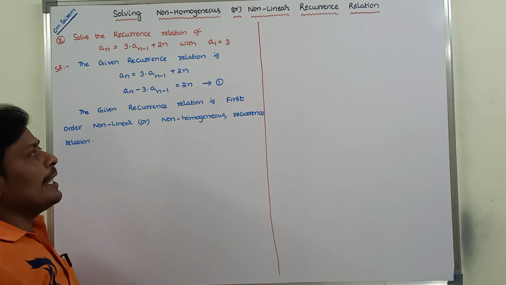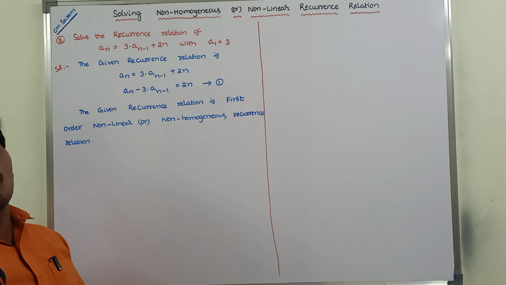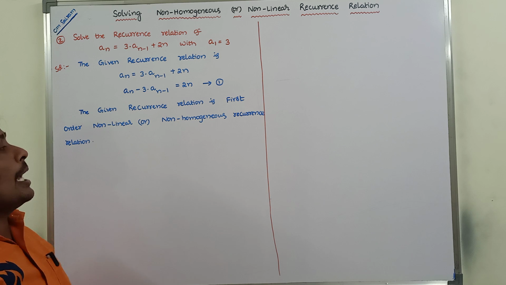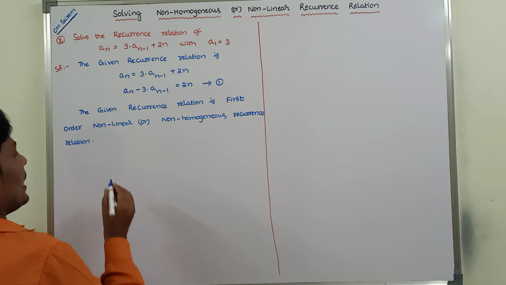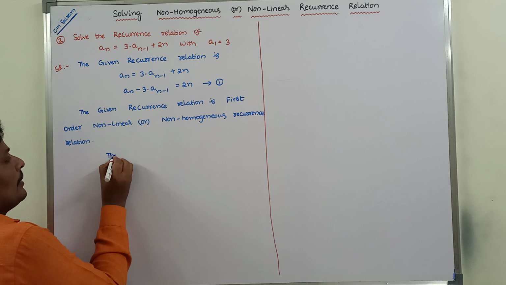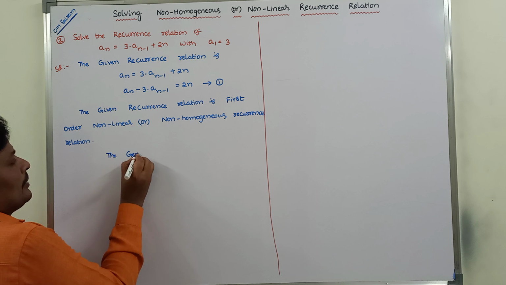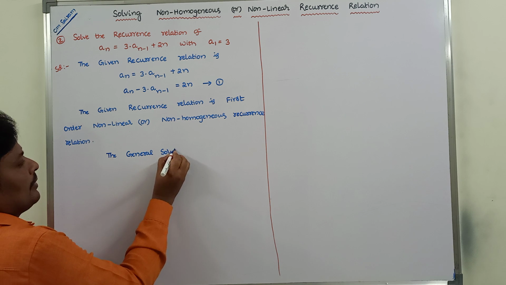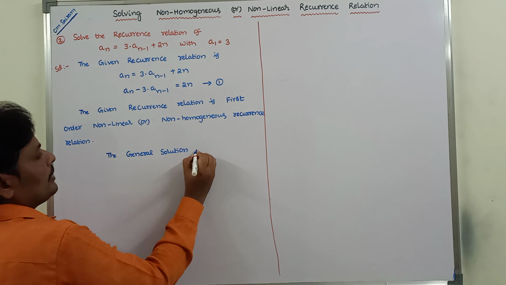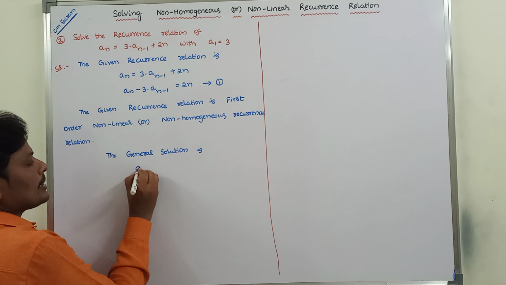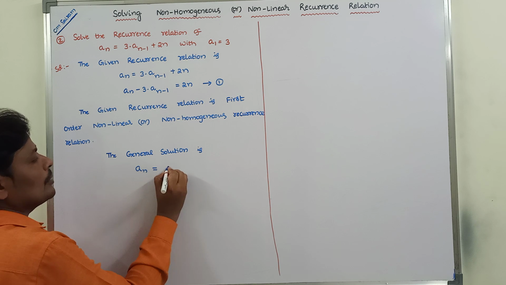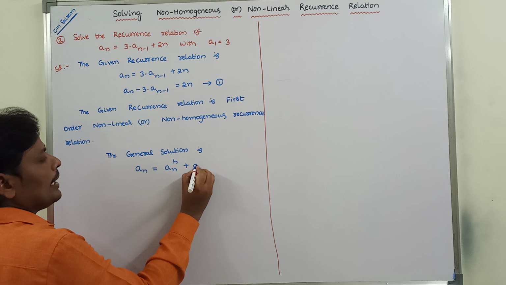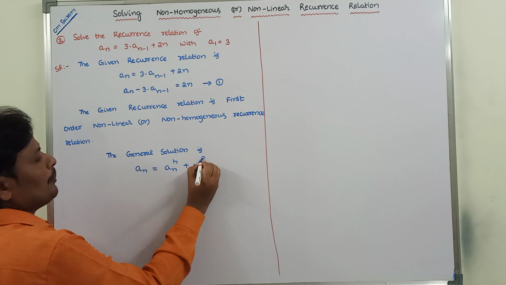So whenever a non-homogeneous recurrence relation is given, the general solution is a suffix n is equal to a suffix n power h plus a suffix n power p.